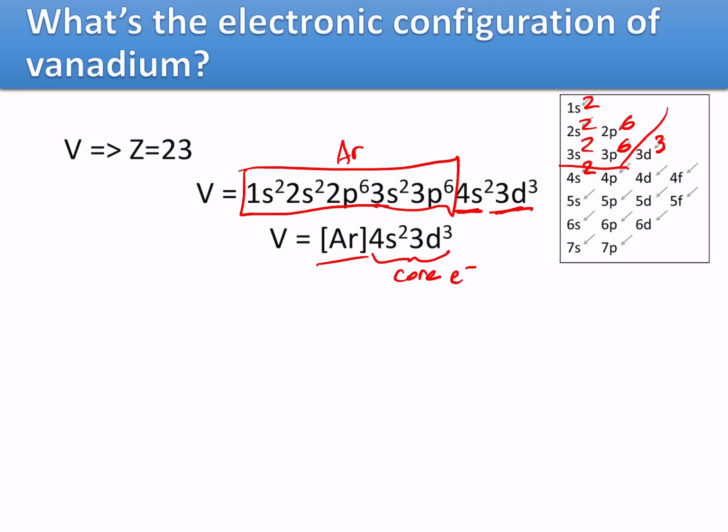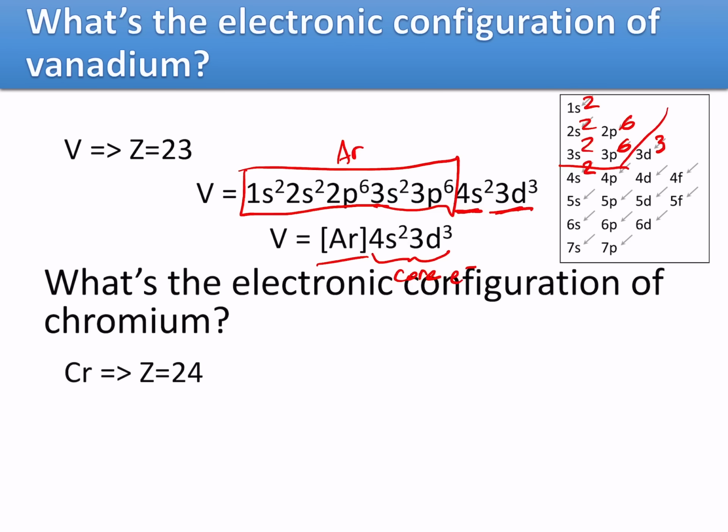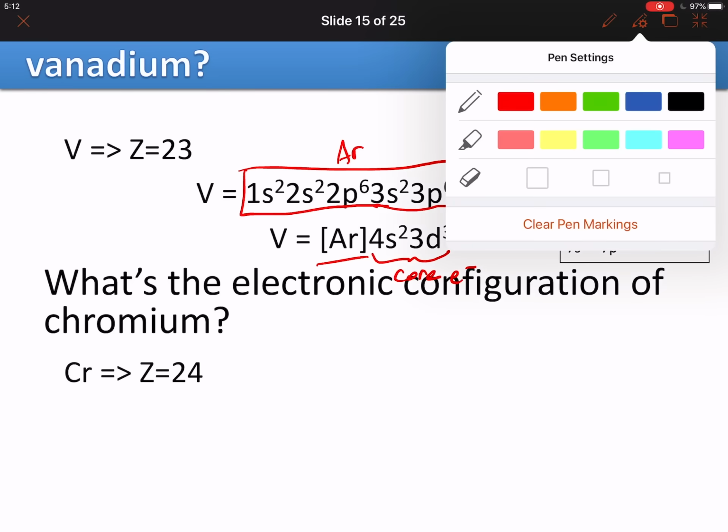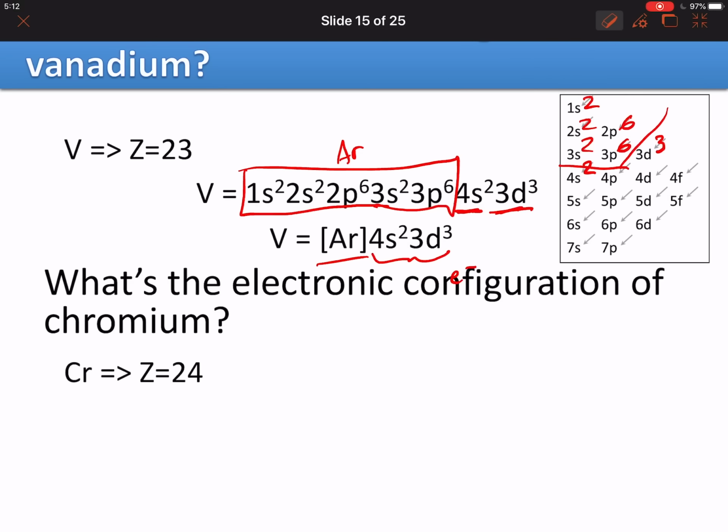Main group, it's a different story. For transition metals, anything that is out of the noble gas configuration, you can consider that. Why did I put core there? This is not core. They are not core electrons. They are valence electrons.